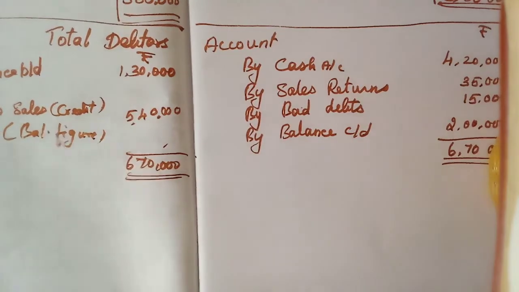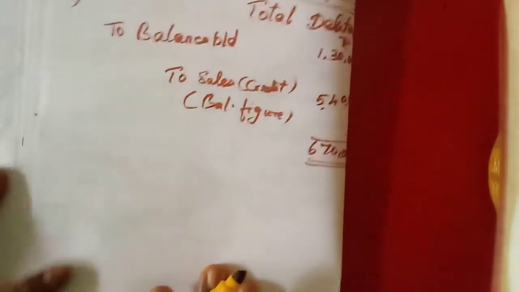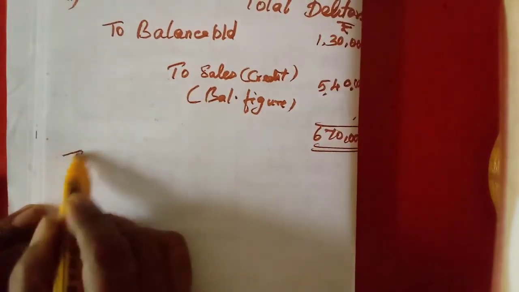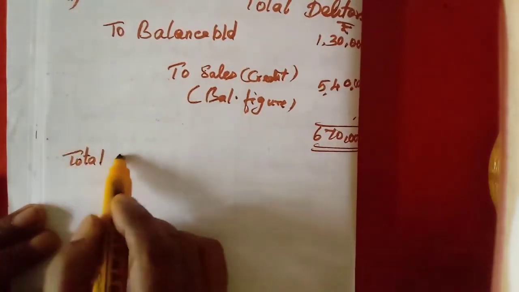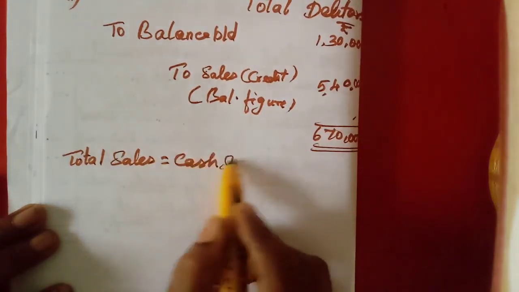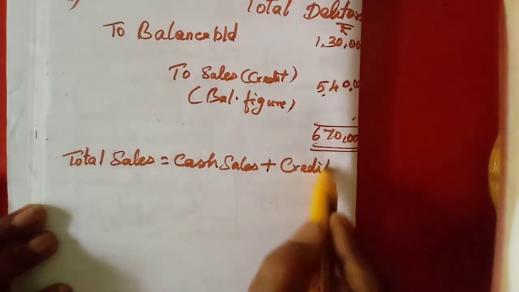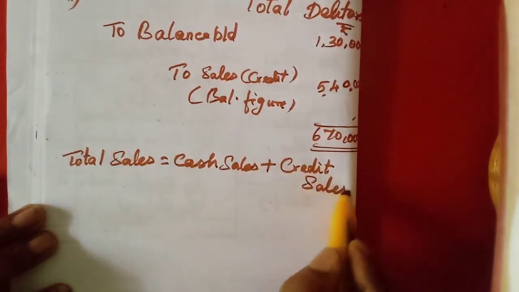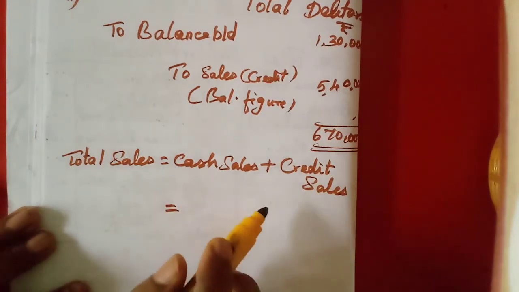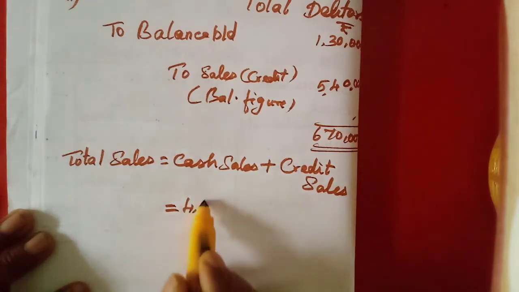Now we have to do one more step. Okay, calculating the total sales. For that we can use one page. Total sales is equal to cash sales plus credit sales. What is the cash sales given? 4,60,000.